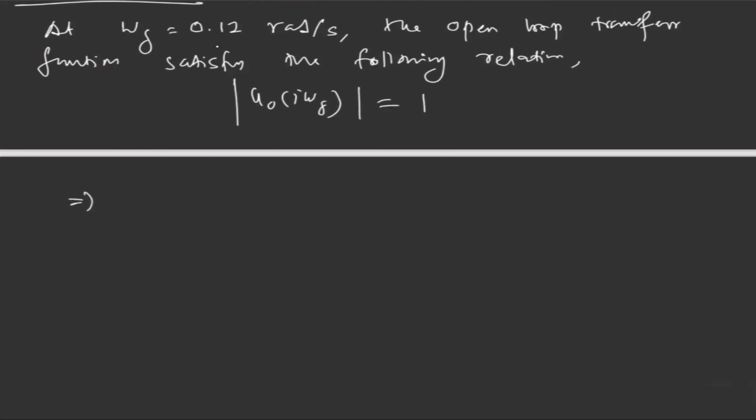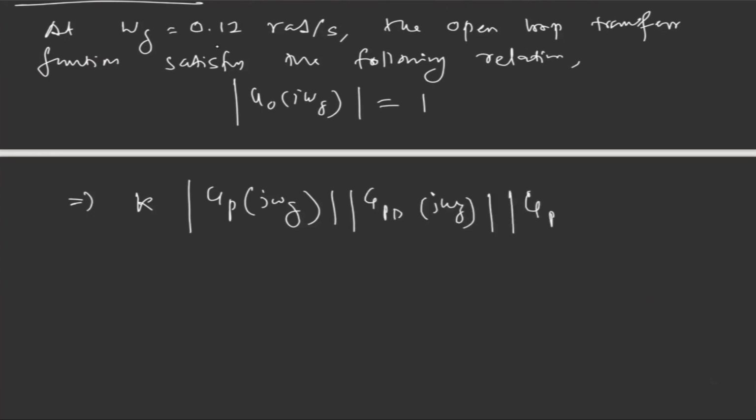And from this, if you substitute the open loop transfer function in this expression, we have K into G_p(j omega z) into G_PD(j omega z) into G_PI(j omega z), basically the control parts, equal to 1.